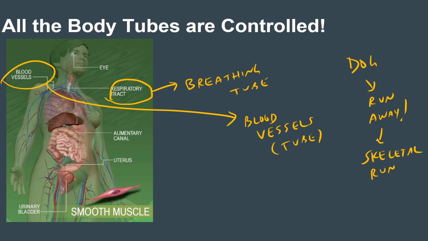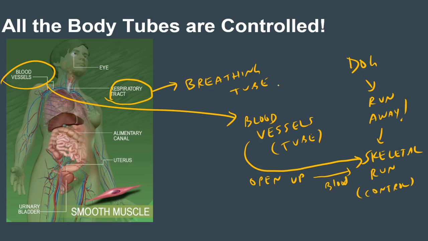That you control. But at the same time, your skeletal muscles are going to need blood. So those tubes open up. The blood tubes open up to give your skeletal muscle the blood it's going to need to do the running.